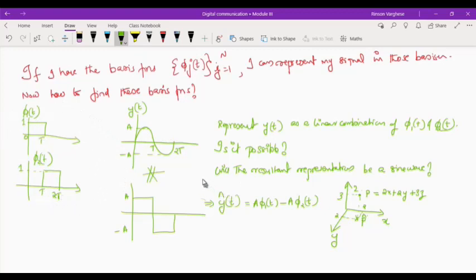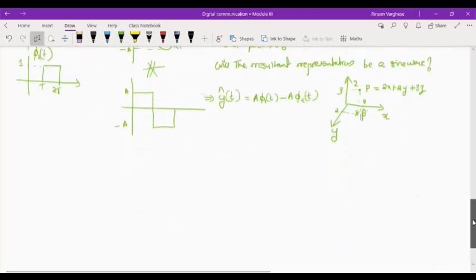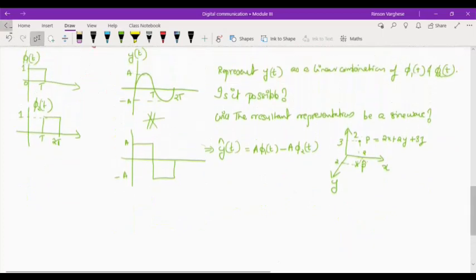Now if you want to represent a signal exactly in its bases, you may have to choose the bases carefully. If you choose these bases for this sine wave, you cannot represent it exactly. So you need to select some other bases to represent a sine wave. And this is what we will discuss in the Gram-Schmidt orthogonalization procedure. So let's see the Gram-Schmidt orthogonalization procedure next.